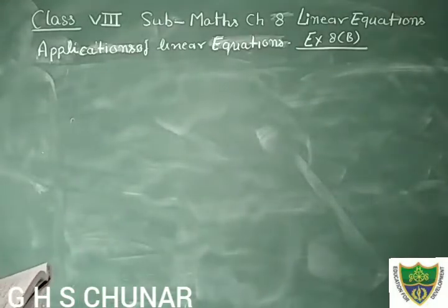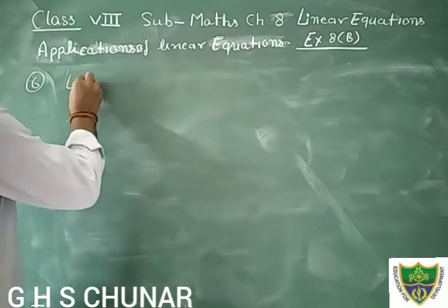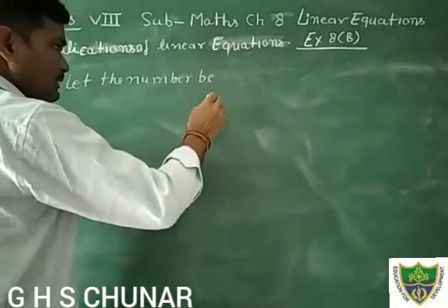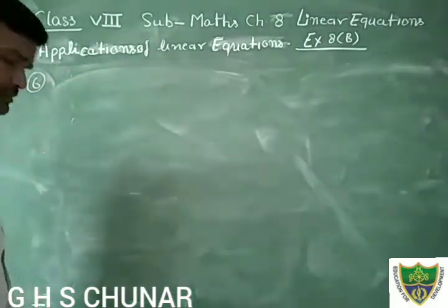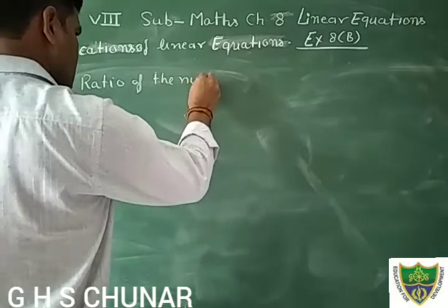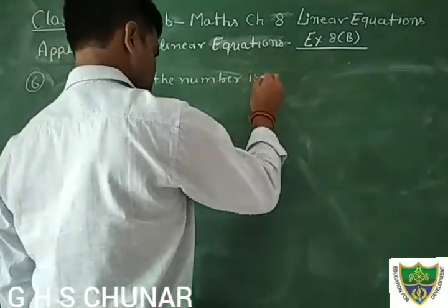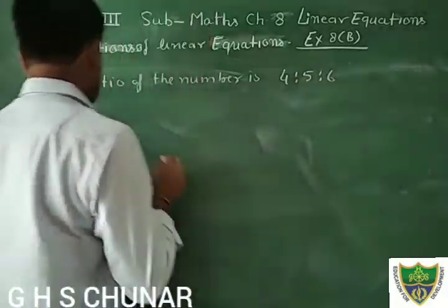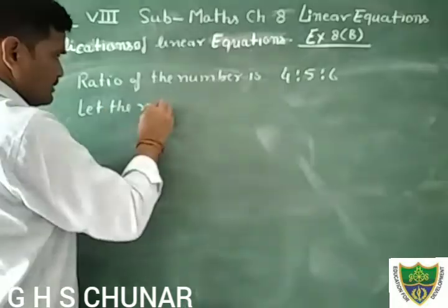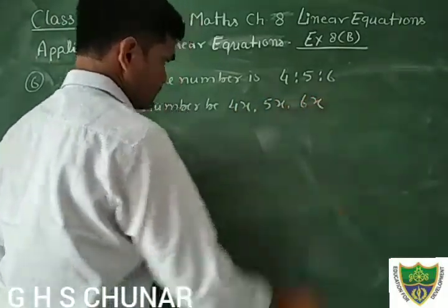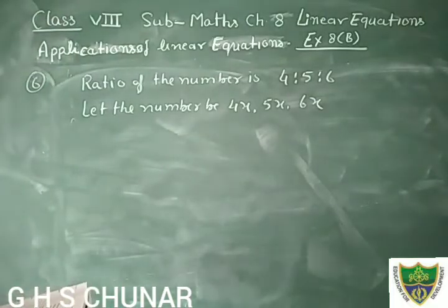If the sum of the largest and the smallest is equal to the sum of the third and 55, then find the three numbers. The ratio of the numbers is 4, 5, 6. Now let the numbers be 4x, 5x and 6x.